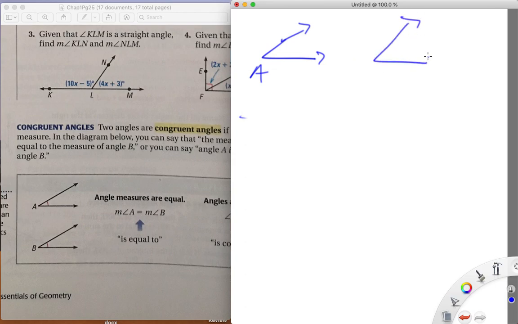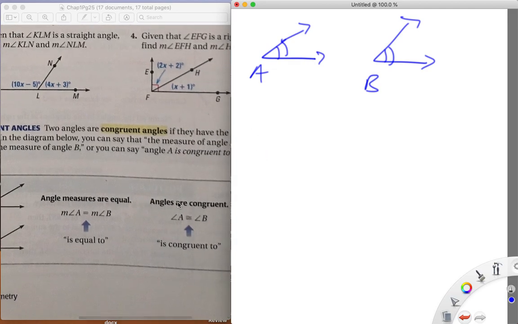And angle B. I know they're the same because of this marking here, this little curvature. Since there's one curvature here, I would say that A is congruent to B. If they both had two curvatures, then I can still say that A is equal to B. As long as the ticks, or curves, are the same number, then they're equal, or congruent in this case.